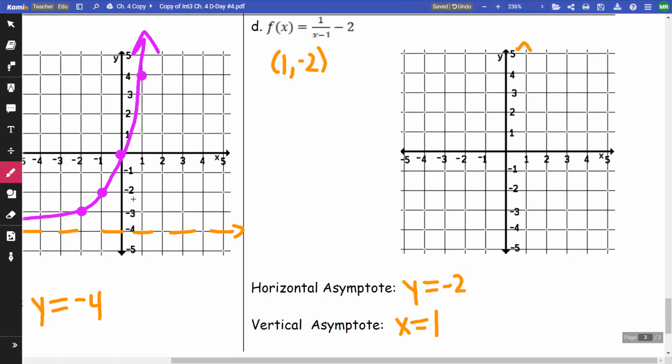So I'm going to have an asymptote at x equal 1 and an asymptote at y equal -2. And right here, you see that would have been my 1, -2, which is my locator point. That's like my new origin.